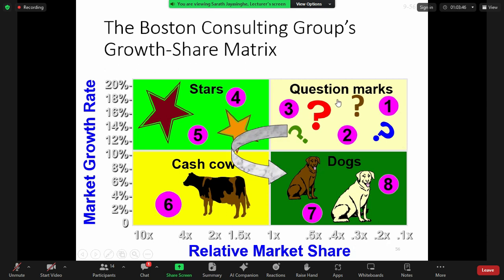Normally it is starting here. We are introducing new businesses here. Then sometimes it will go there and there, and finally it becomes dogs. Sometimes we can keep it like this, and when it comes here, we can shift it, as we saw in the product life cycle. We can do some product development and shift the product life cycle forward.